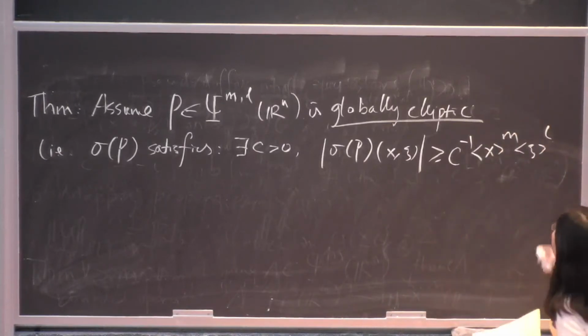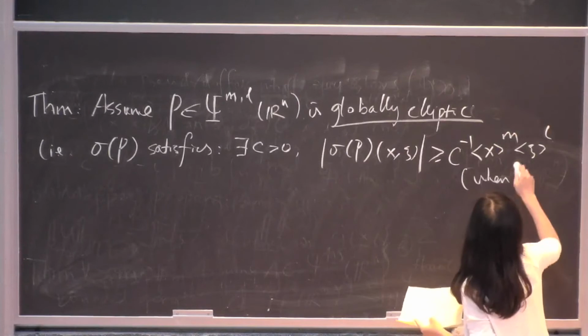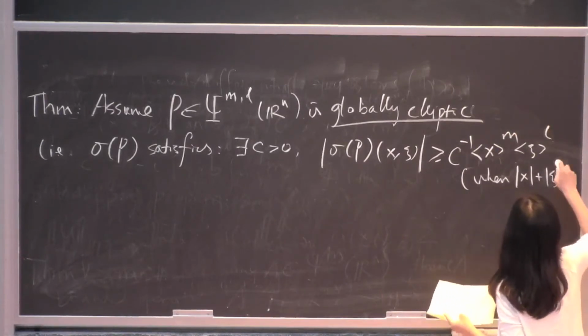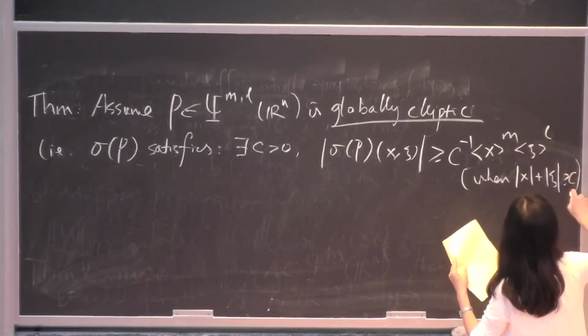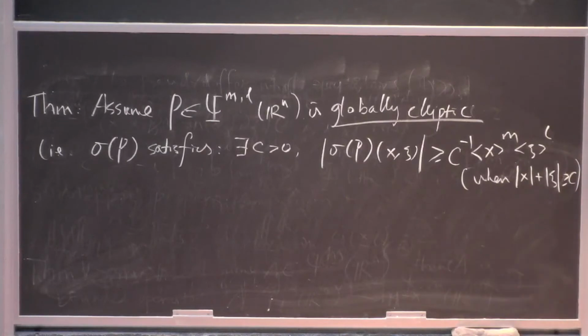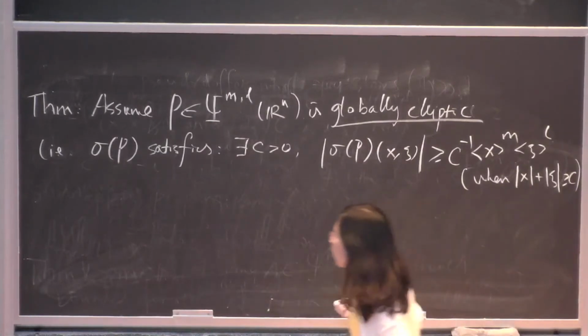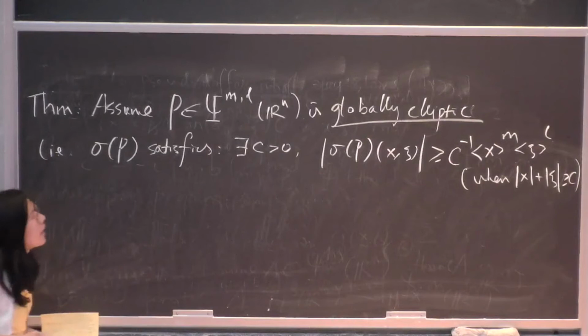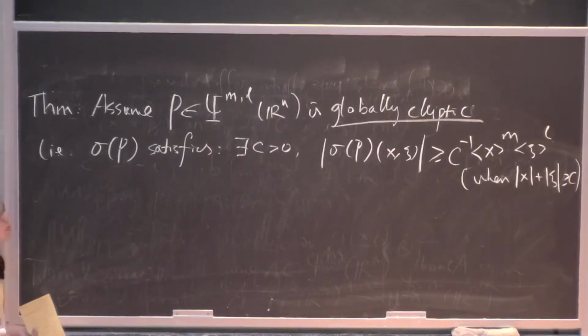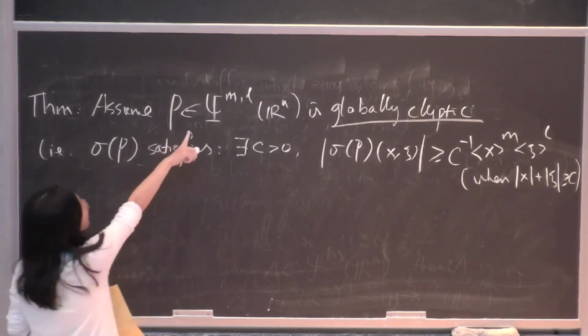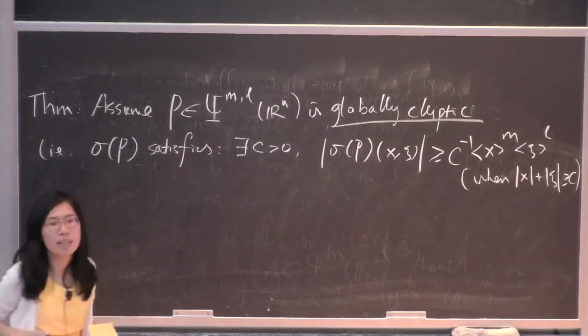Okay, so as expected, when |x| + |ξ| is greater than or equal to c. One way to remember is that it's very similar to the usual elliptic definition, in the sense that you take the symbol and it's uniformly bounded. But of course here I'm taking the symbol class, so it's reflected there.